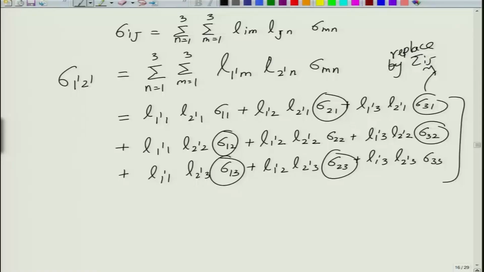You can then apply the symmetry properties which make sigma ij equal to sigma ji, and simplify these above equations. Then we finally did one exercise for the hypothetical case of sigma 1 prime 2 prime, and again you can simplify this further by making these equal. So these will become equal, these will become equal, and these will become equal. As a result you can simplify this equation, and essentially that is what we have done in this lecture.